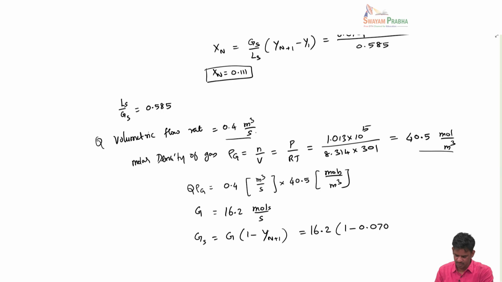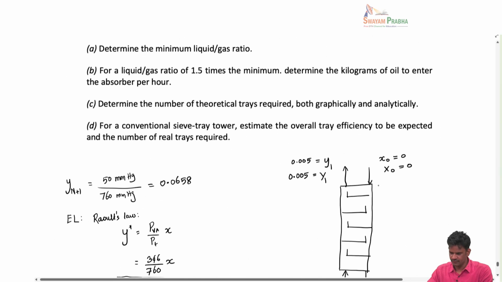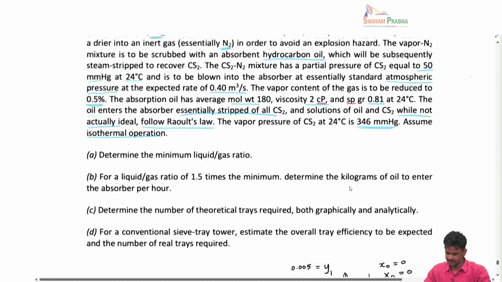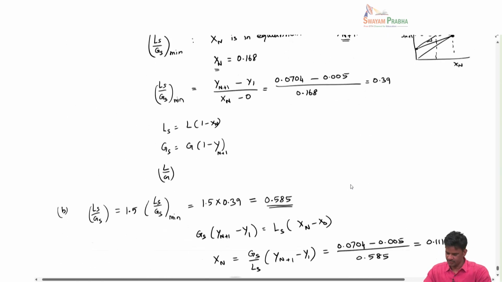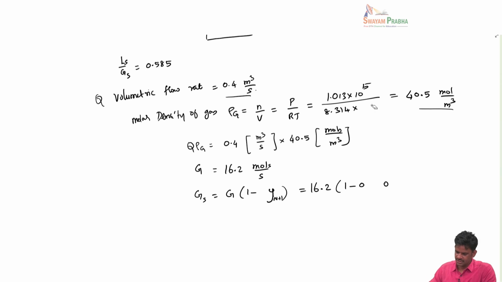Sorry, the temperature is 24 degrees Celsius, so 273 plus 24, 297. Okay, so the temperature here is 297.